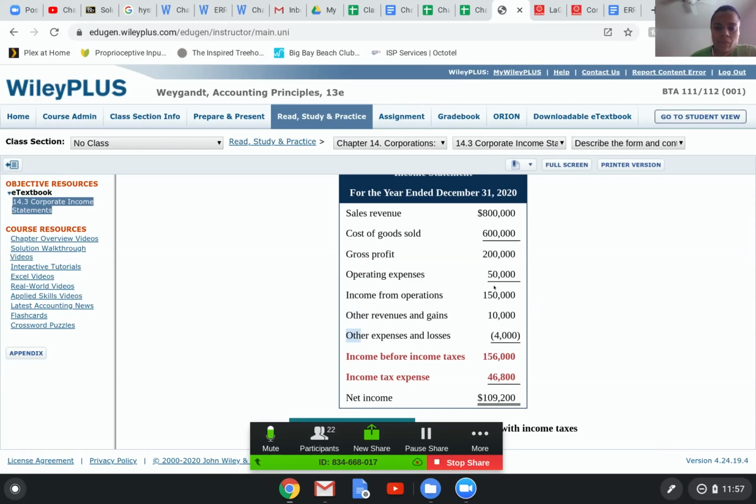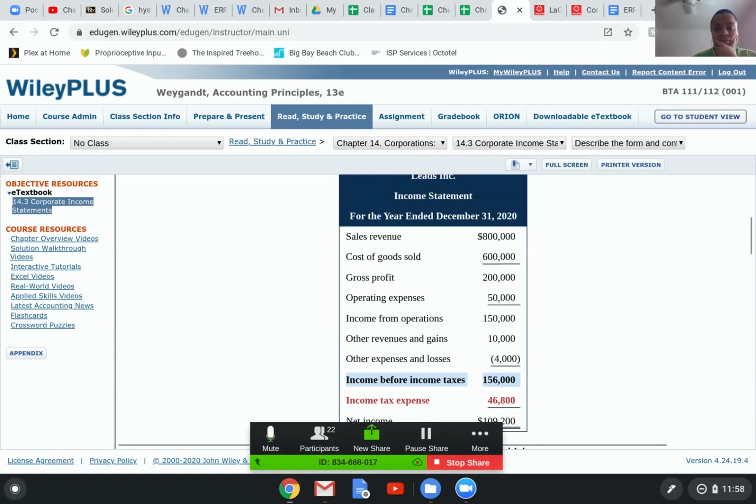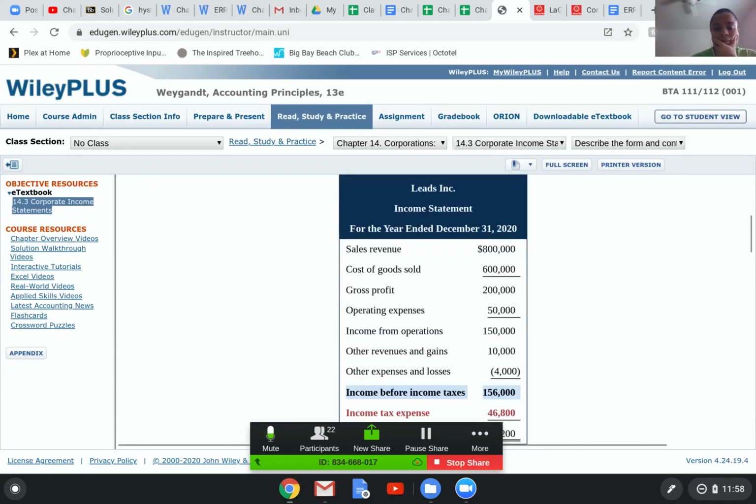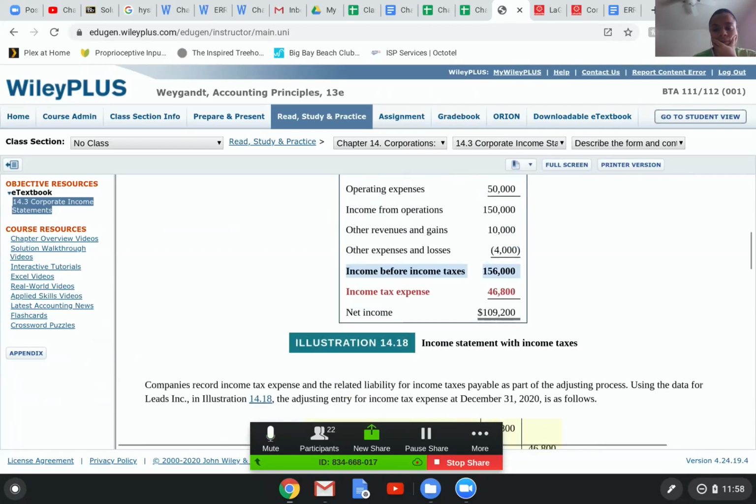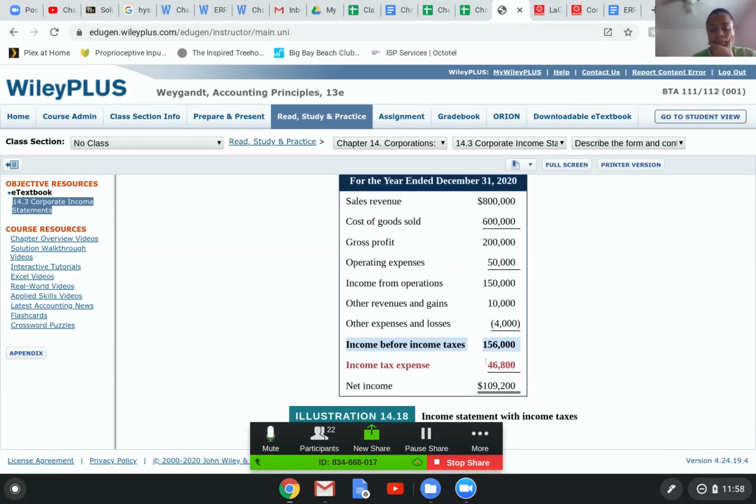So the 150,000 positive income, you add 10,000 because revenues and gains are obviously an addition, but then you have to subtract the 4,000. So that's going to get you to income before income taxes of 156,000. And it's on this number, the 156,000, that we calculate income tax. So they've got an income tax expense of 46,800. So who wants to calculate, someone tell us what the percentage of tax is that this company is paying.